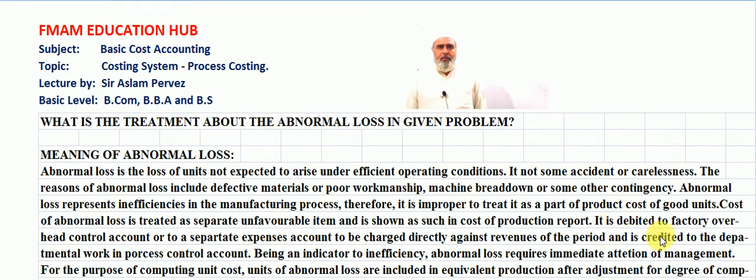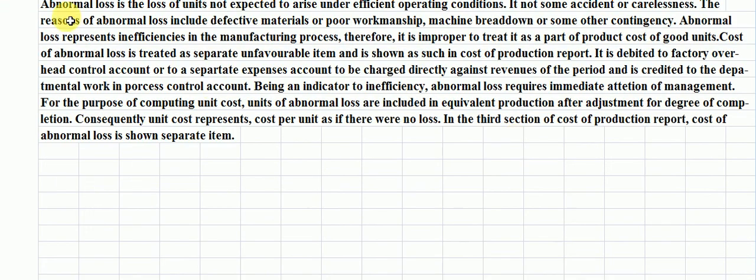It is debited to factory overhead control account or to a separate expenses account to be charged directly against revenues of the period, and is credited to the Department Work in Process Control account, being an indicator of inefficiencies.